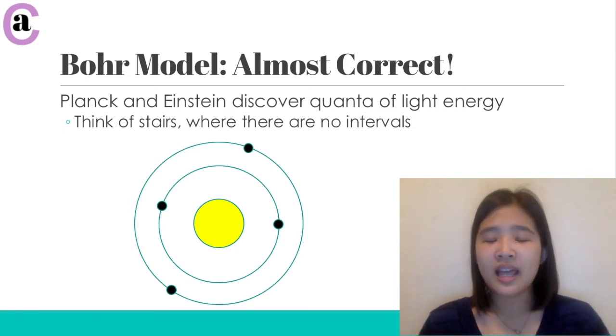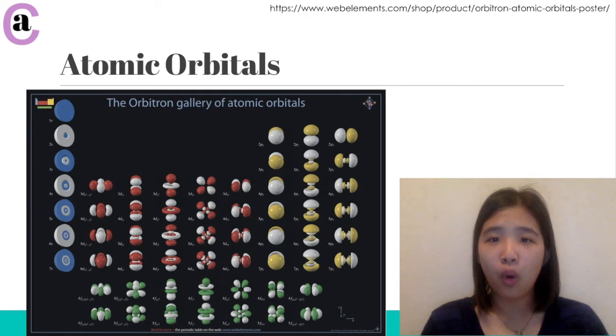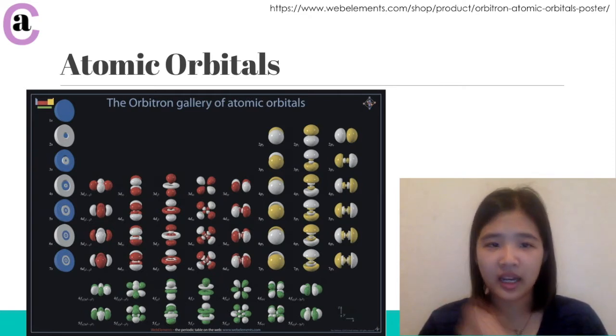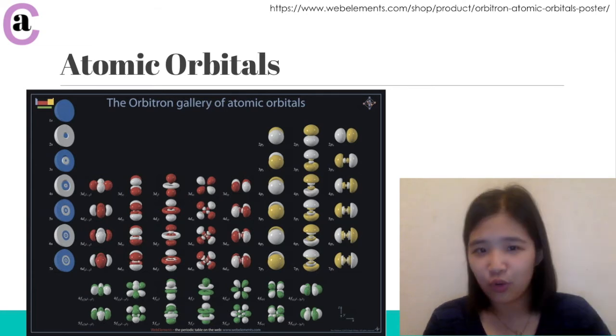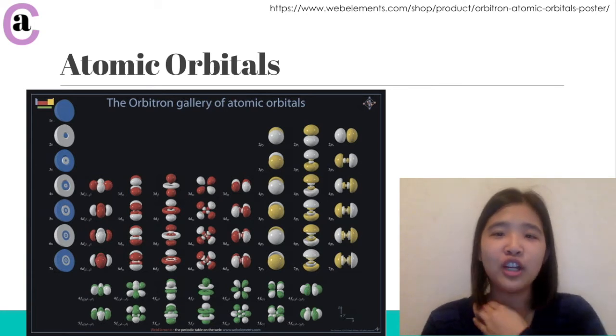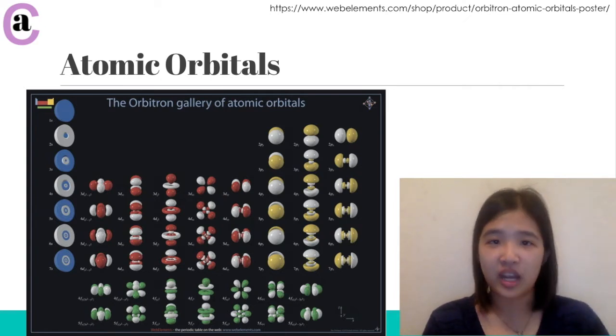And the reason that this model is not exactly correct is the idea of atomic orbitals. I took this slide from this website in the corner, but basically different kinds of orbitals have different shapes. They're not just rounded circles, right? They actually look different, and the electrons that are in those orbitals will only be in these kinds of shapes.